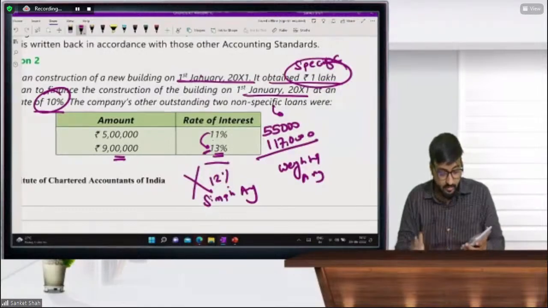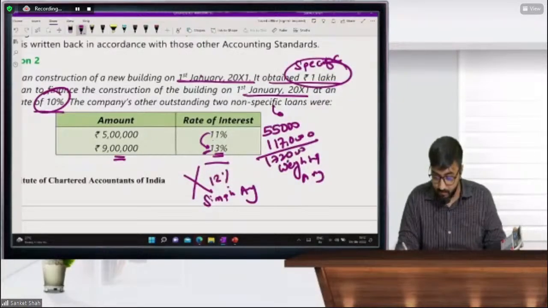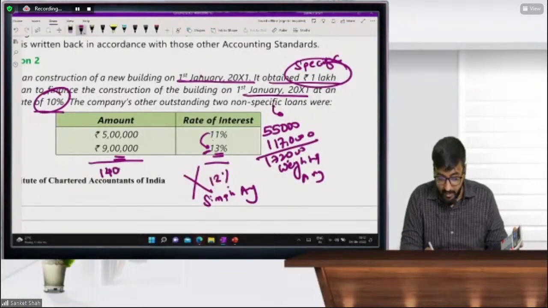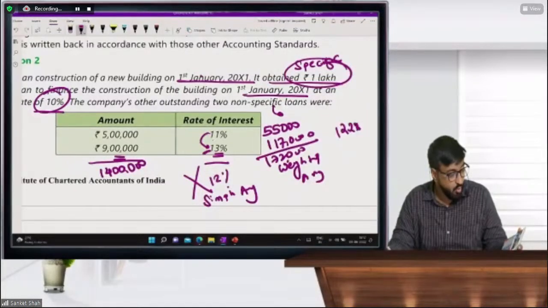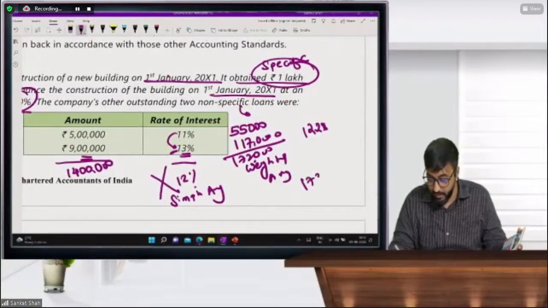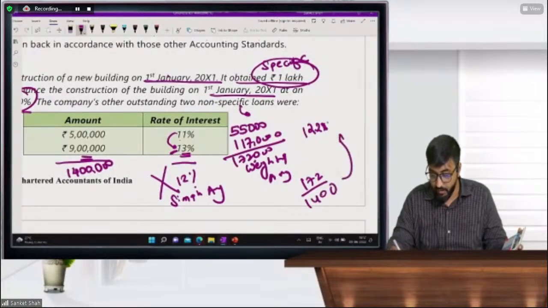So the total is 1,72,000, on 14 lakhs. So the answer is 12.28. Now how to calculate? 1,72,000 divided by 14 lakhs, you will get 12.2857%.